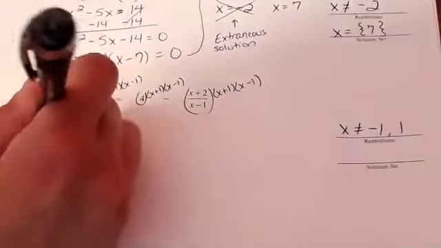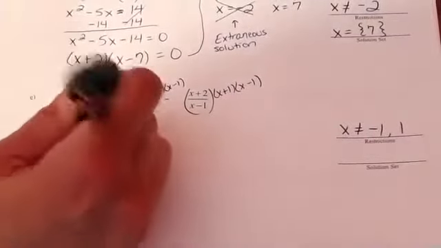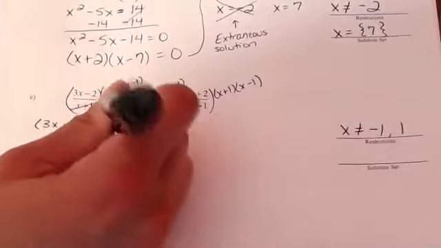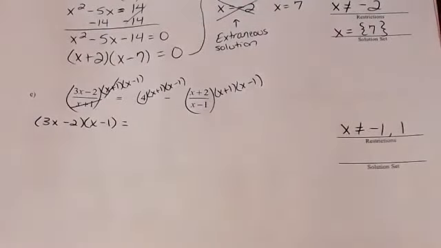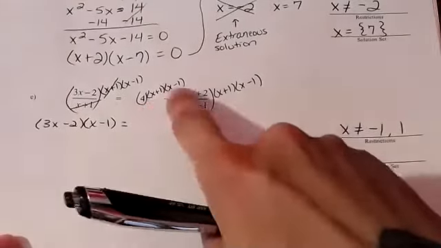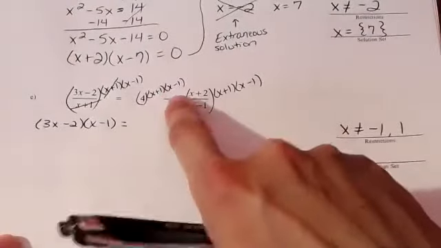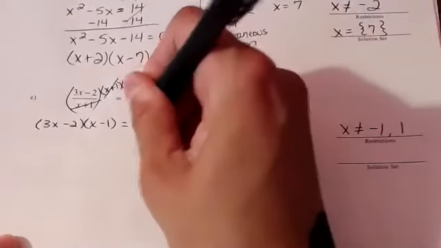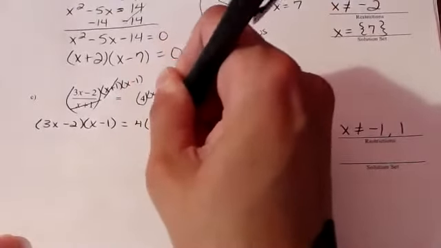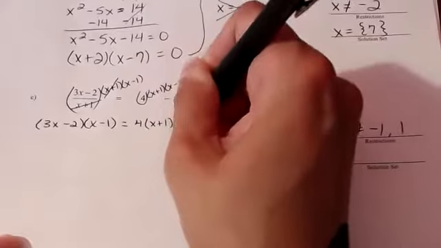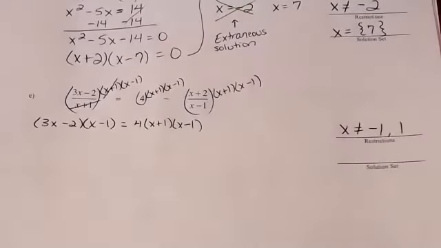So I'm left with 3x minus 2 times x minus 1 equals. I don't have a denominator for my second term, so I'm just going to list this out. We have 4 times x plus 1 times x minus 1. Right? There's nothing that I'm going to cancel out.